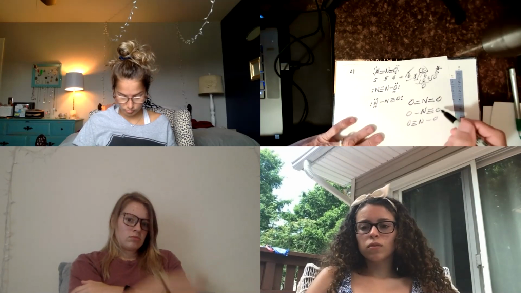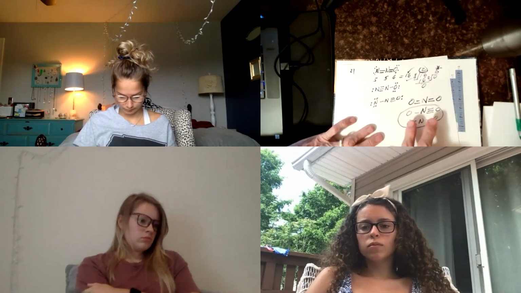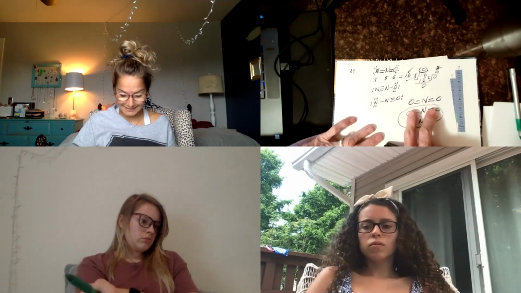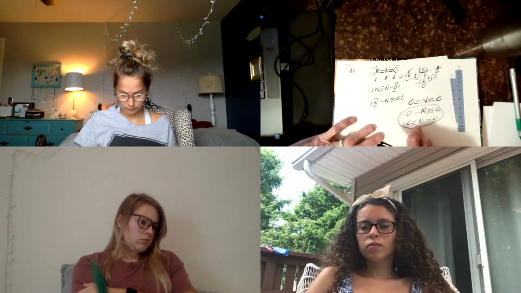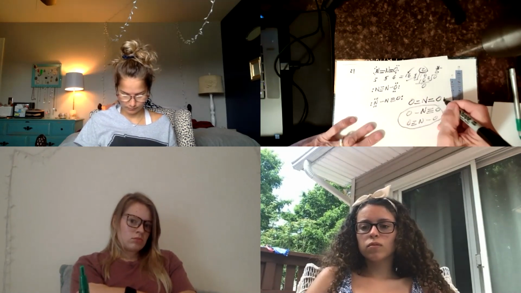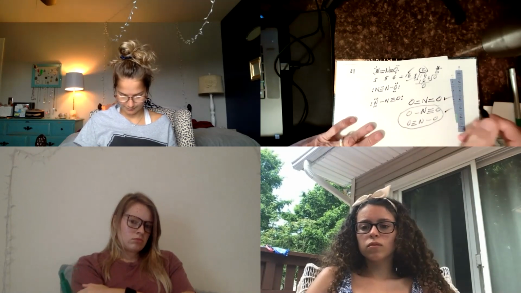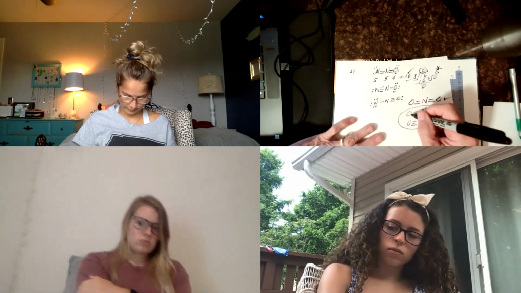Now, these 2 are really the same. They are resonance structures, but if I want to get this one down here, I just take that middle one and turn it over, and it's the same structure. So in this case, there would only be 2 unique structures. There would be this one and this one.